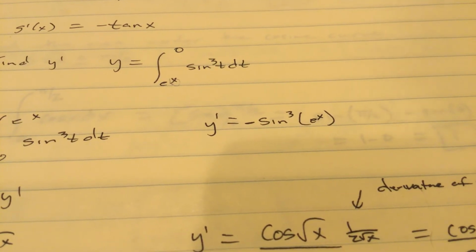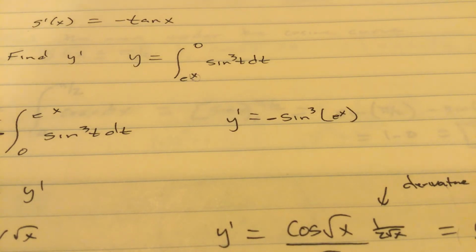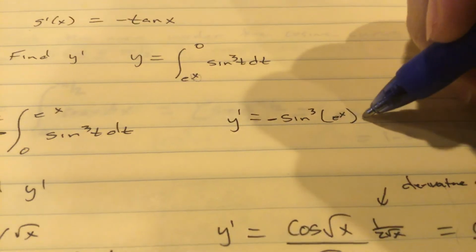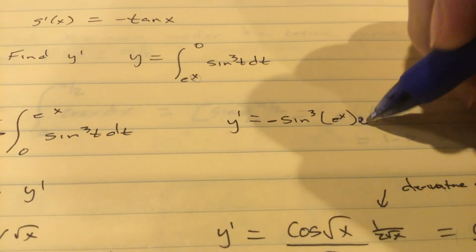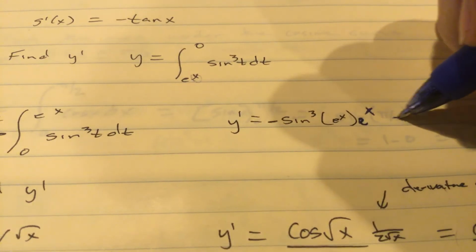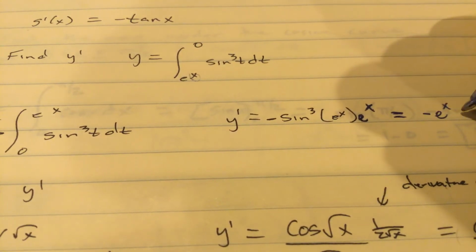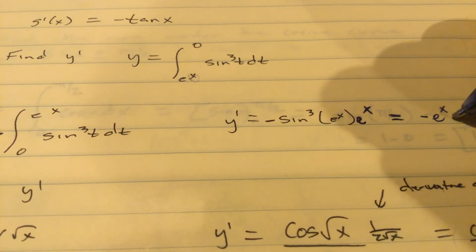And then you have to take the derivative of e to the x, which I forgot to do. All right, the derivative of that is definitely not 1.